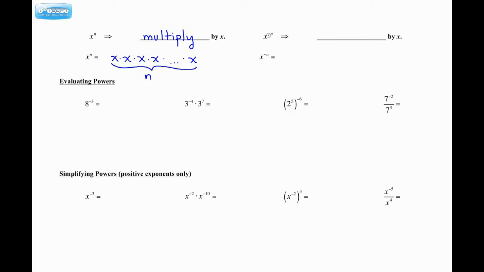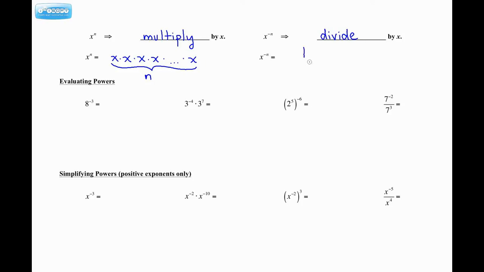Okay. That's what it means. What if my exponent is negative? So x to the power of negative n. Well, instead of multiplying, I'm just dividing. So negative exponents do not imply negative numbers, they imply division. So divide. All right. So really what this means is, how do I write this?